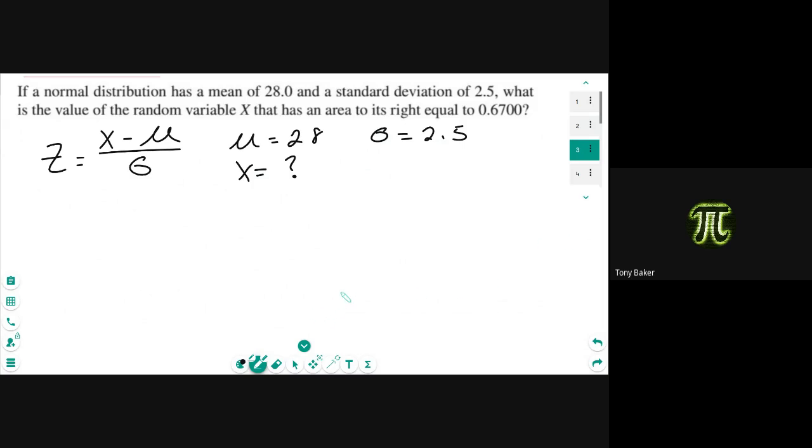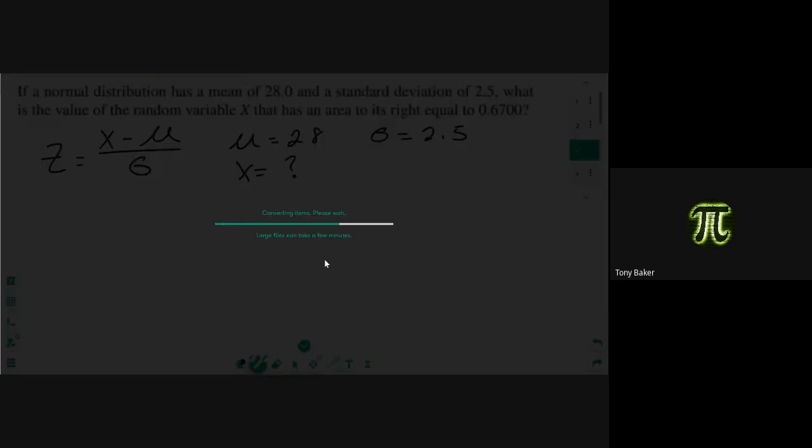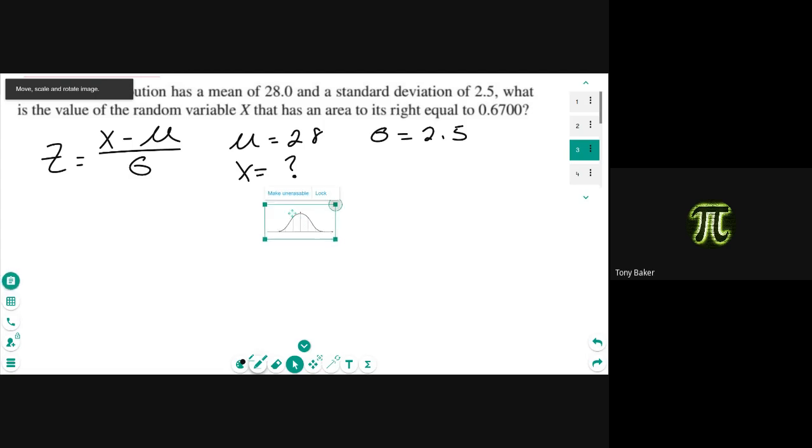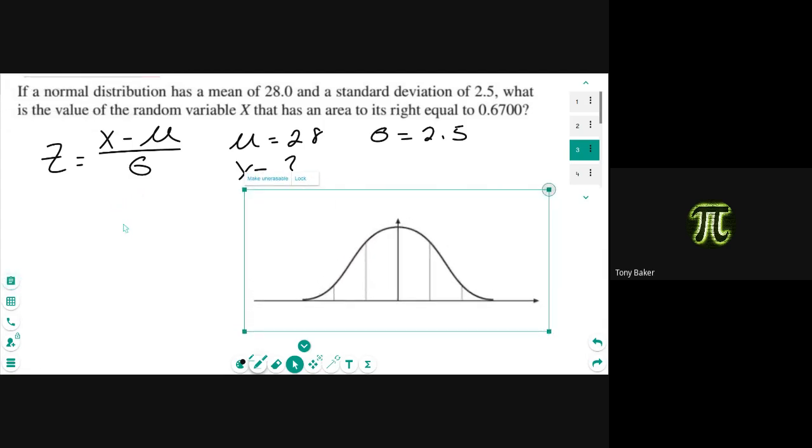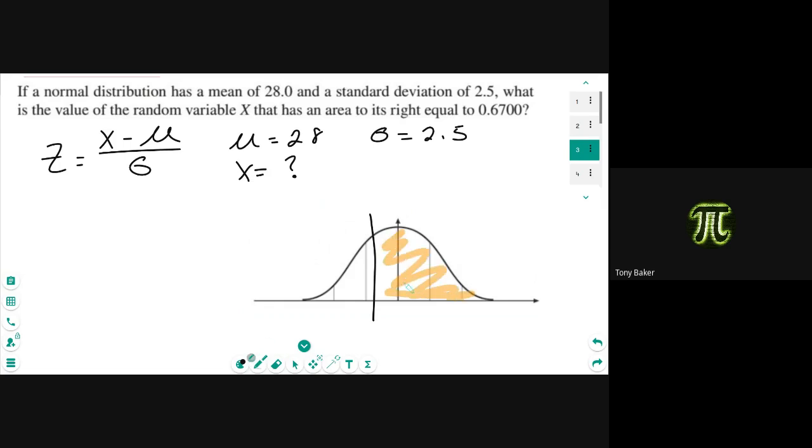So that means that somewhere over here is 0.6700, because that's to the right, correct? Okay. So what's on this side?